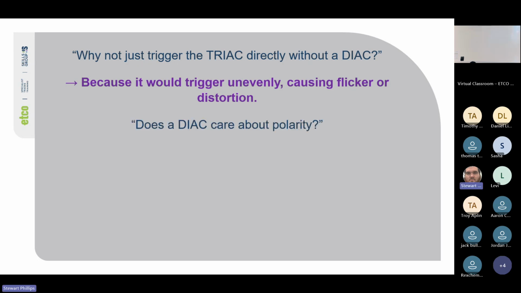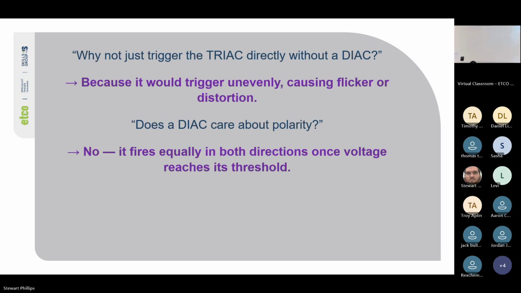Cool. Nice, easy one. Does a diac care about polarity? Yep, it's a big no. So no, it fires equally in both directions once the voltage reaches its threshold. Cool.